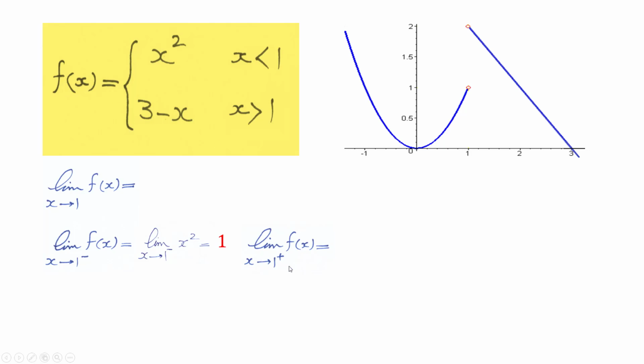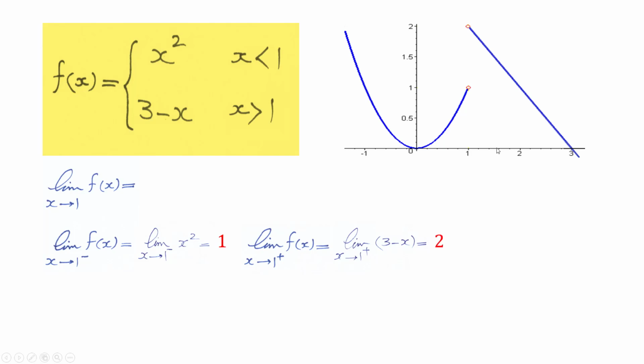So the right limit is equal to the limit of 3 minus x as x approaches 1. To find this limit, we can substitute 1 for x, and we get 3 minus 1, which is equal to 2.